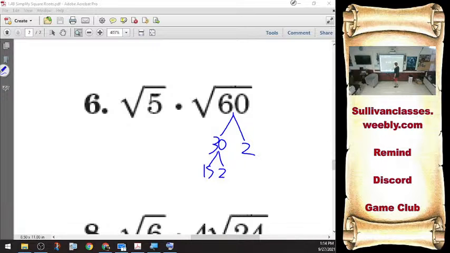Okay. Keep going. 15 can be broken up. Oh yeah, I can. So take those 4 ends of the branches, put them underneath a radical. Yep, 5, 3, 2, 2.